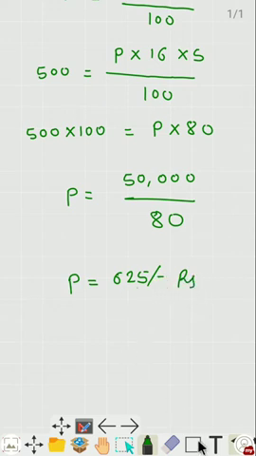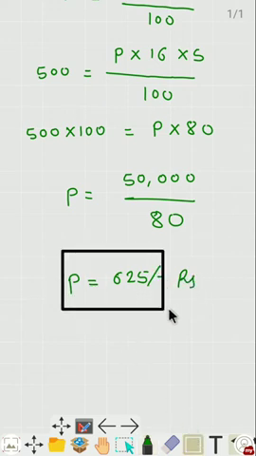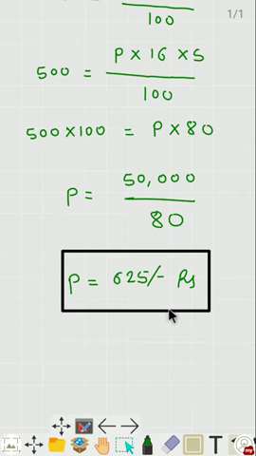Okay, so this is the principal amount when we invest for 5 years with the rate of 16% per annum, then we get 500 as a simple interest.